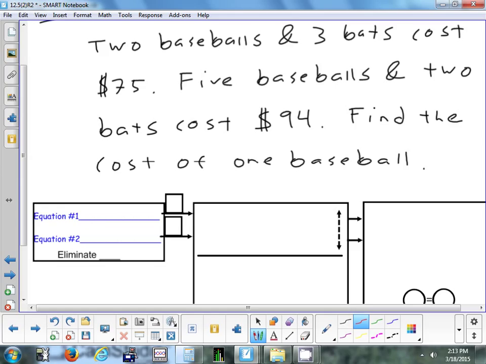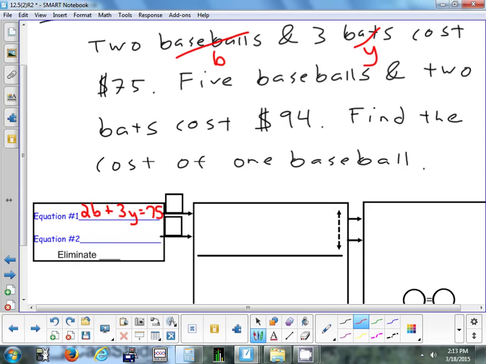So 2b plus 3y equals 75. I love it. It's beautiful. 2b plus 3y equals 75. So, Sam, what's b representing? I'm going to cross out baseballs and put b. What's your y representing? Bats. Y is bats. Great.